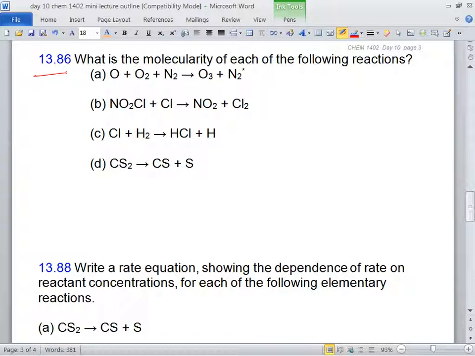Go ahead and write down the molecularity of each reaction here. Write down the molecularity of each reaction. So what'd you write, Audrey?